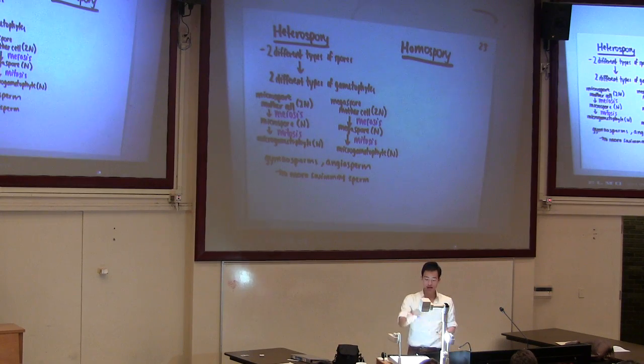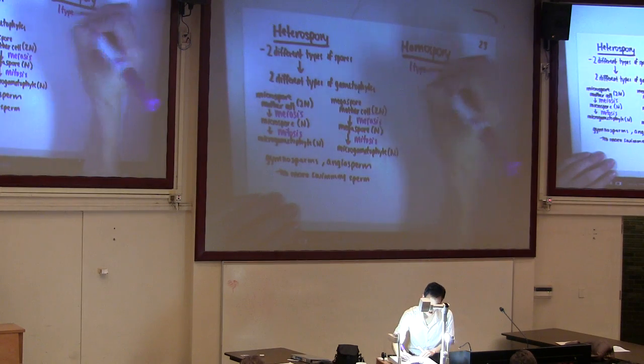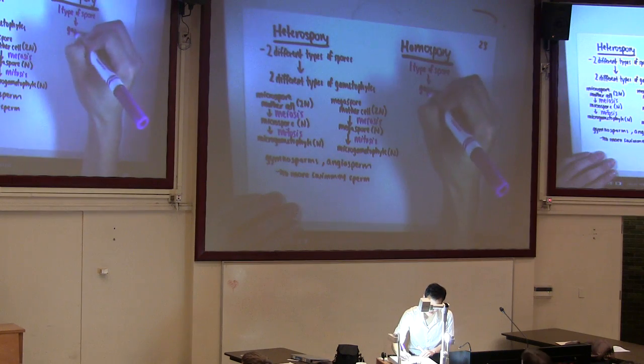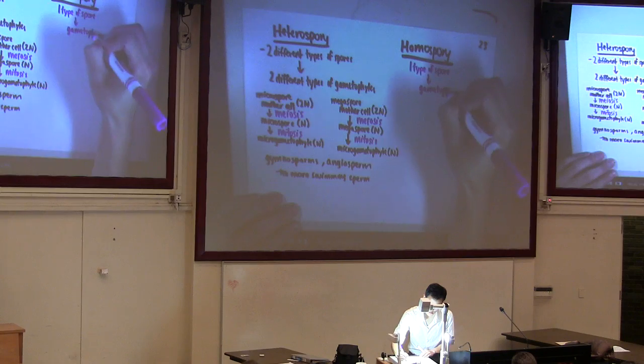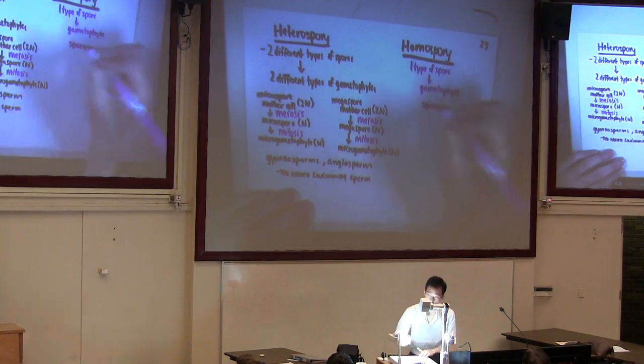What about this group? Homospore. You have one type of spore that produces your gametophytes. So an example would just be your spore, haploid or diploid?